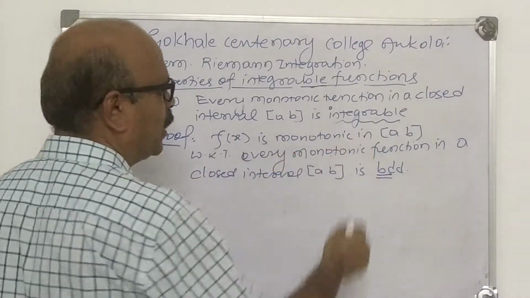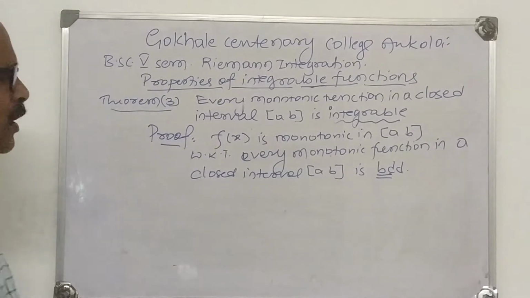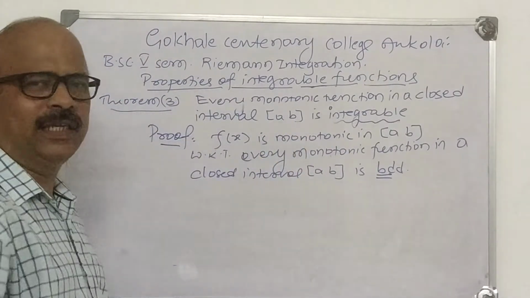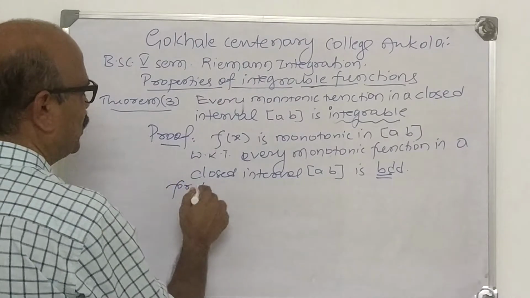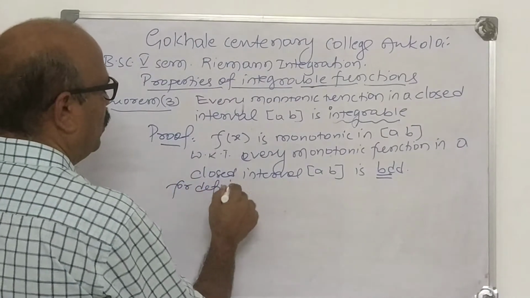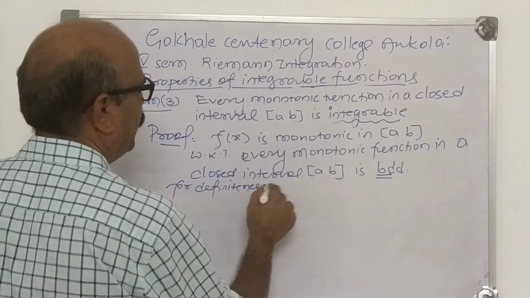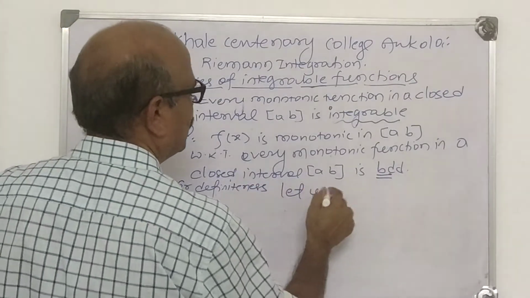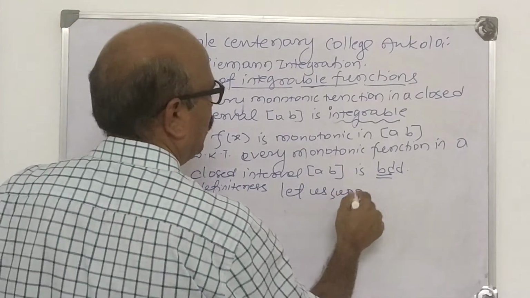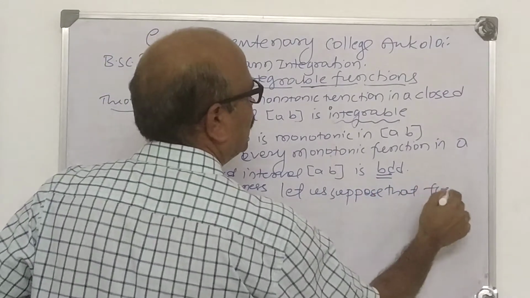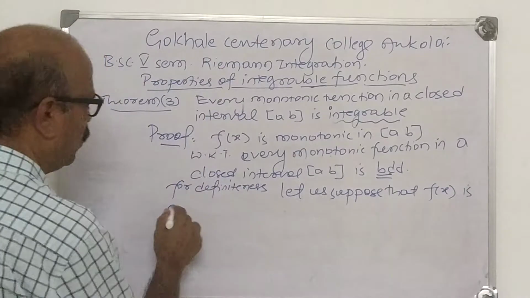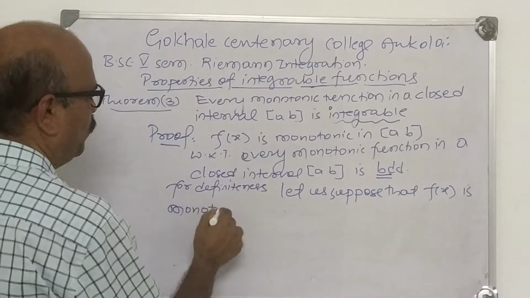Also, monotonic, you know what is a monotonic function? Monotonic means either monotonically increasing or monotonically decreasing. For definiteness, let us suppose that f(x) is monotonically increasing.